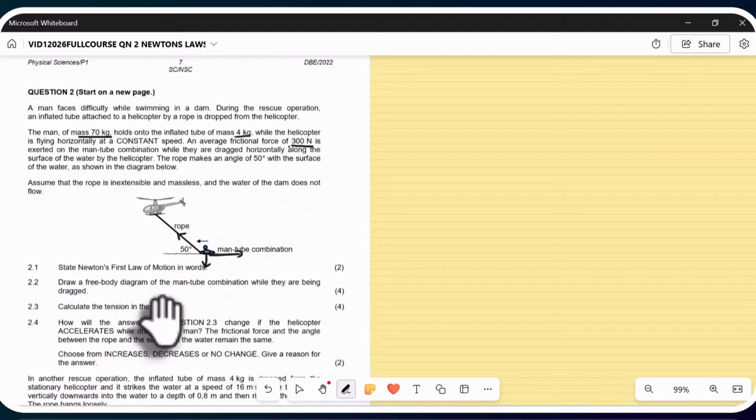And because of the frictional force, we must be having a normal force here by the surface. So this is F normal. So meaning that our question 2.2 would be like this. We have the weight together with the normal force opposite each other, like this.